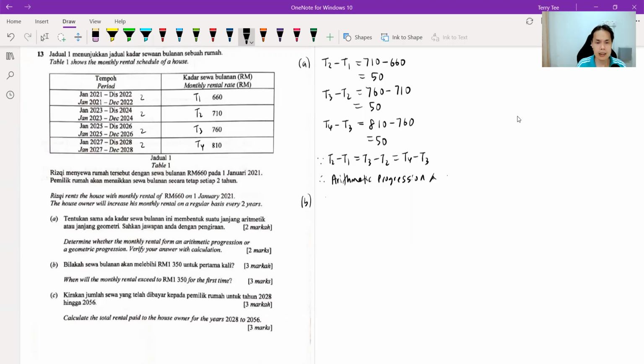So your a is 660, your d is 50, and your Tn will be greater than 1350. Remember, for arithmetic, Tn is a plus n minus 1 d. So a plus n minus 1 d is more than 1350.